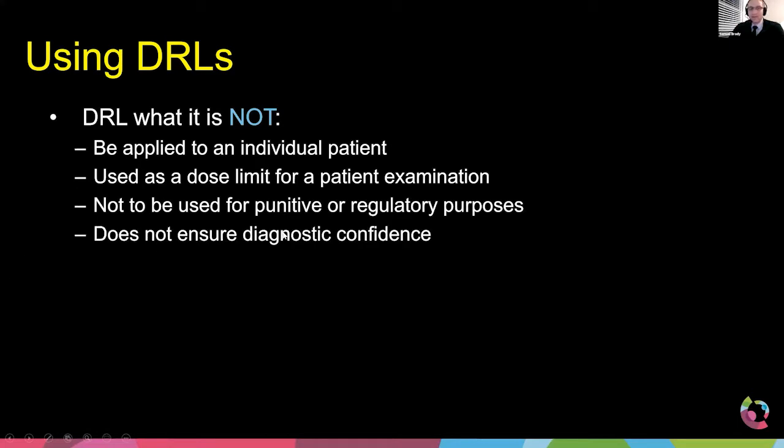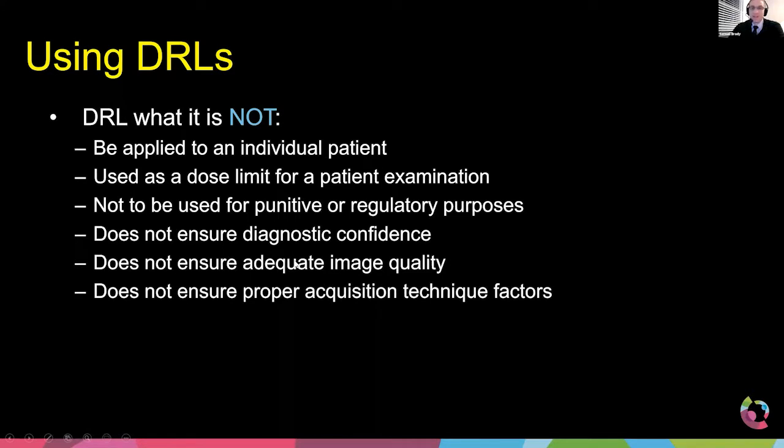It does not ensure diagnostic confidence. This is interesting. Obviously, if it's a high dose, it's probably good image quality, right? Well, we don't know that. Just because the value is higher than the national DRL, the 75th percentile, it does not necessarily mean there is more diagnostic confidence or better image quality. And it does not necessarily mean that the acquisition technique was good or bad.